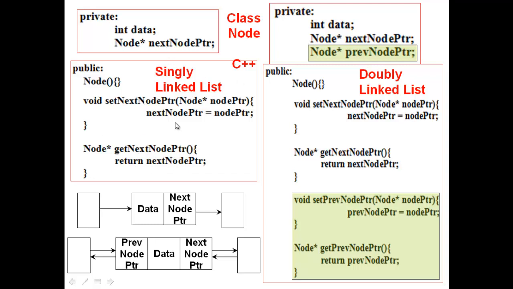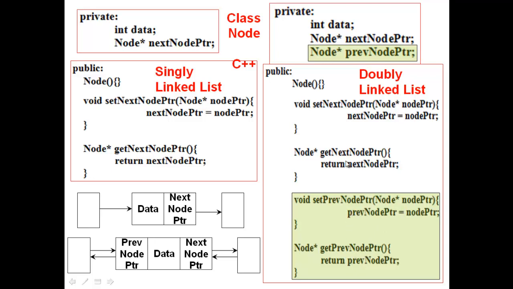In a double linked list case, you're going to have the same member functions for the next node pointer, and similar member functions to deal with the previous node pointer. You should be able to set the value for the previous node pointer for that node, as well as get the previous node pointer value for that node.